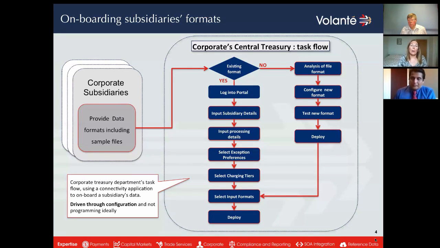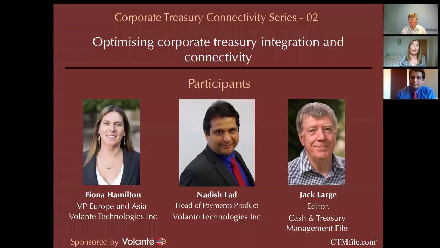A very quick way of taking people on board is you can take the data as is and just send it as is, so that it's visible within there, so it's in the queue, but you may, from a technical perspective, now be hosting the communications, and at some point in the future you will migrate them from their existing bank relationship to one of your centralized ones. But what you have here is a portal that allows you to see the readiness and operational activity of all of your subsidiaries.